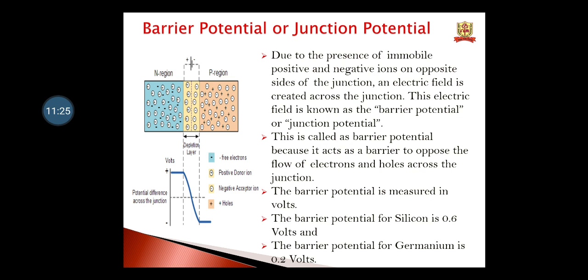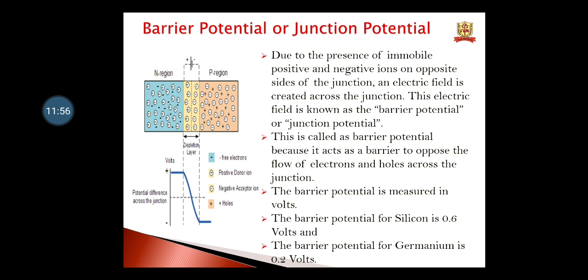Now I will try to explain the potential barrier or junction potential which is developed across the depletion region. As you know, the depletion region has immobile ions, negative ions on one side and positive ions on the other. And since there are positive ions and negative ions in this depletion region, an electric field is created across the junction, and this is known as barrier potential or junction potential.